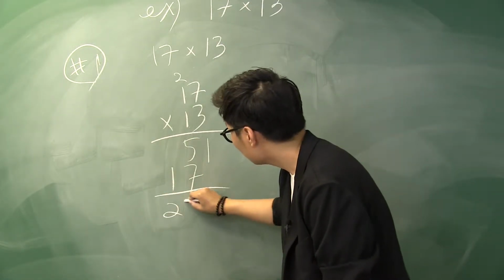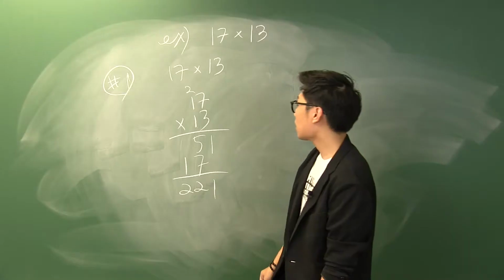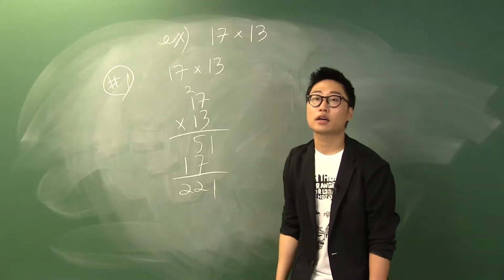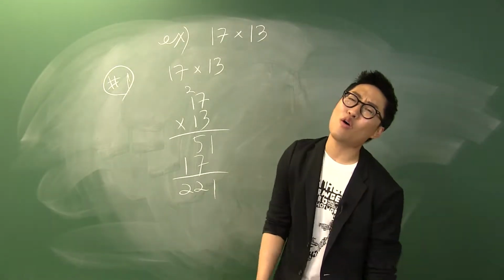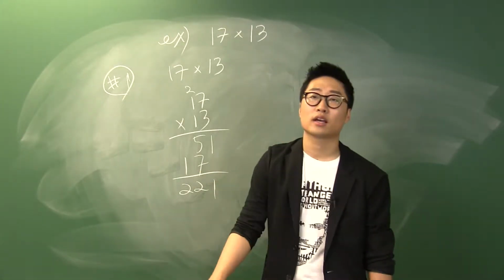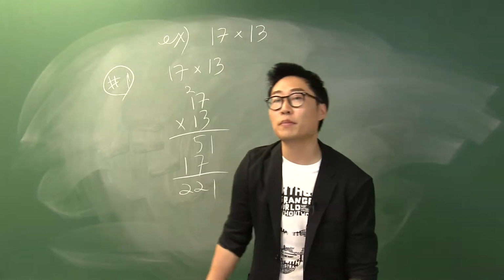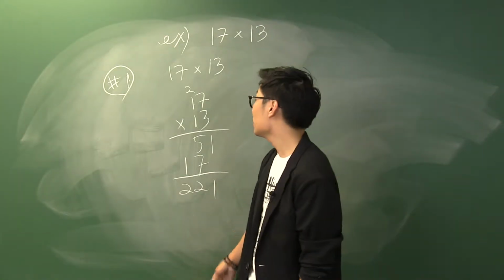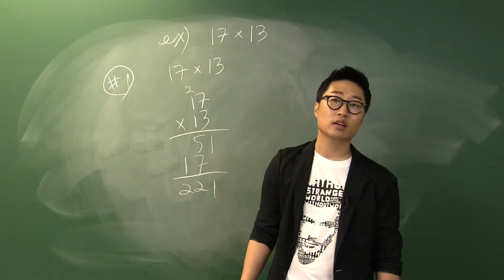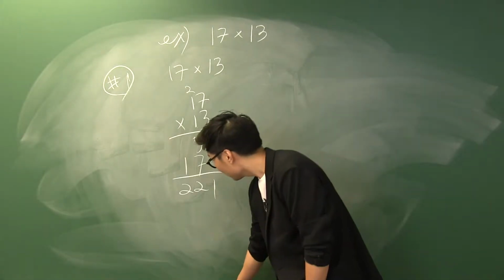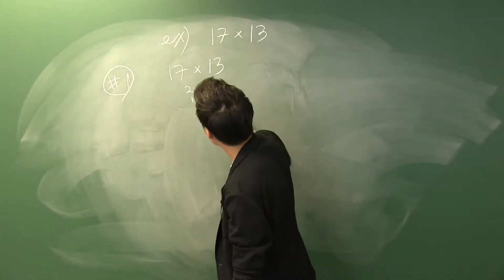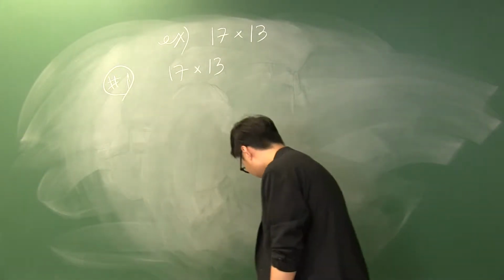So it's 221. How long did that just take? When do we have all the time to do this, right? We've got only 52 minutes for that one chapter test, and we can't possibly be spending 2-3 minutes just to multiply this thing. So let's get to method number 1 and see what it's all about.